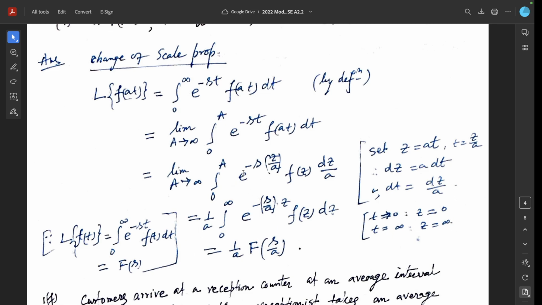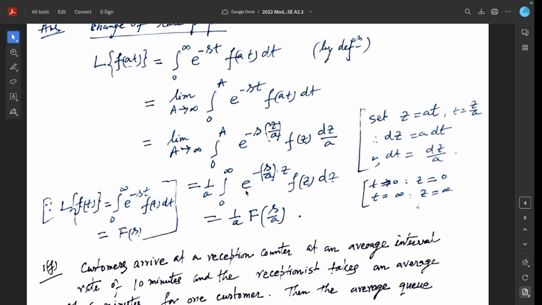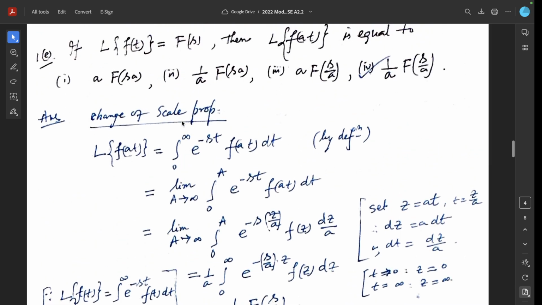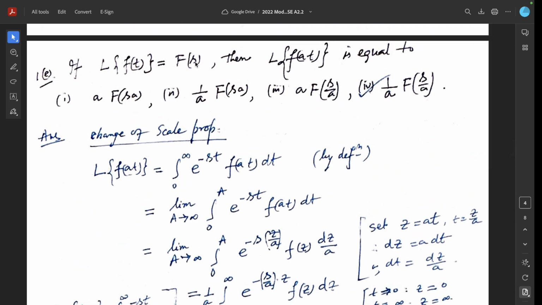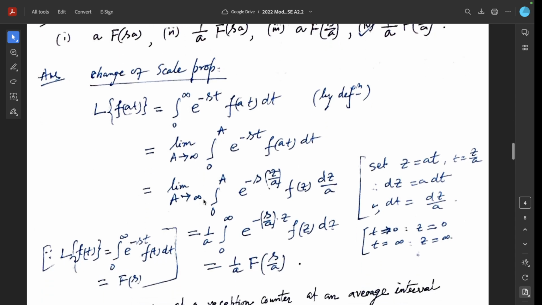So e to the power minus sz by a, f(z), and dt equals dz by a. So 1 by a, integral from 0 to infinity of e to the power minus (s by a) z times f(z) dz. By the definition of the Laplace transform, this is equal to 1 by a times capital F(s by a), since L of f(t) equals capital F(s). So the correct option is 4.